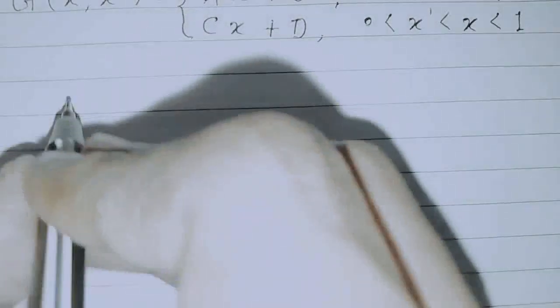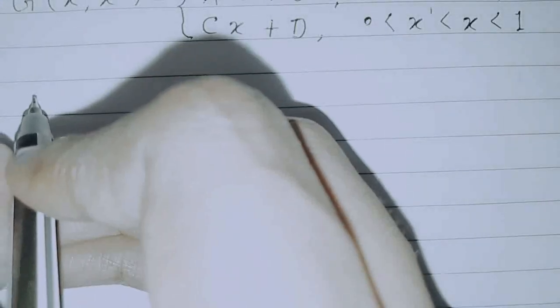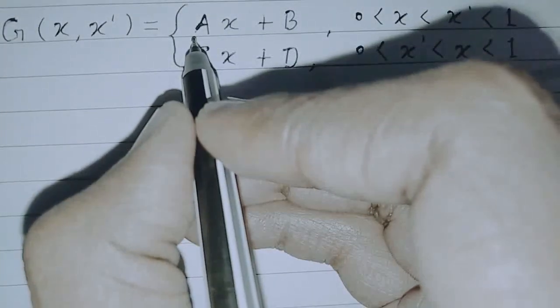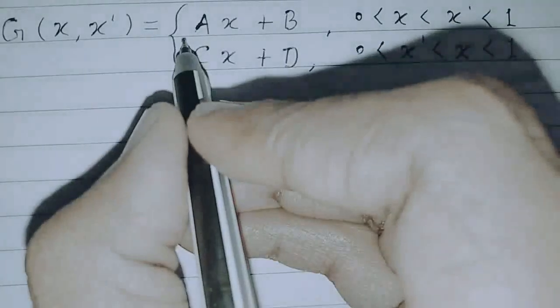For this, since the given operator is a Sturm-Liouville operator, therefore, and also we take this first part as g1 and this second part as g2.